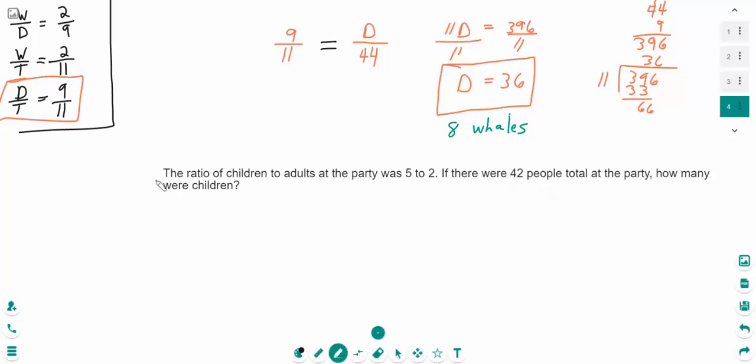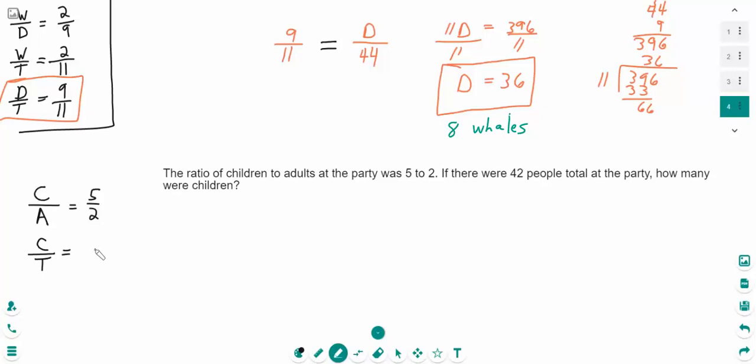All right, well, let's write our ratios out. So the first ratio we have is the ratio children to adults. We'll just say C over A is equal to, and they tell us that it's 5 over 2. That one's an easy one. Now let's get those totals out of the way. We have children to total. What's the total? Well, 5 plus 2 is 7.